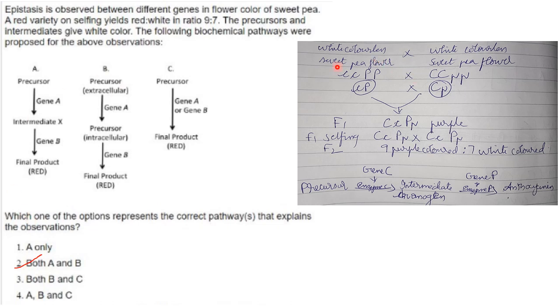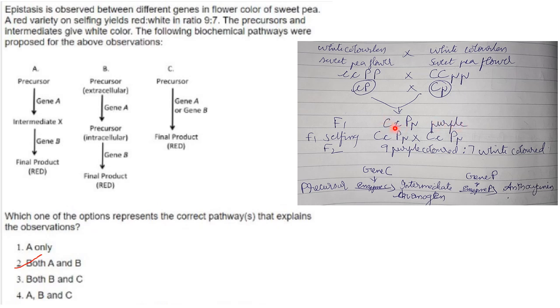Now this is a white colored sweet pea flower where the capital C gene is mutated to small c. And this is another white colorless sweet pea flower where the capital P gene is mutated to small p. So once you cross both of them, you will get purple color, not white color. Why?